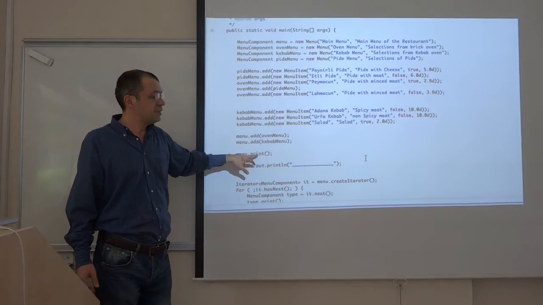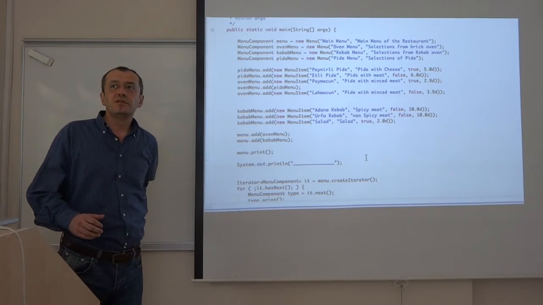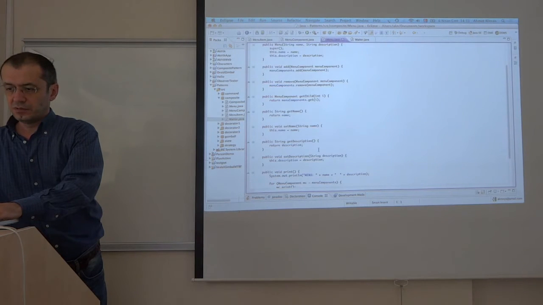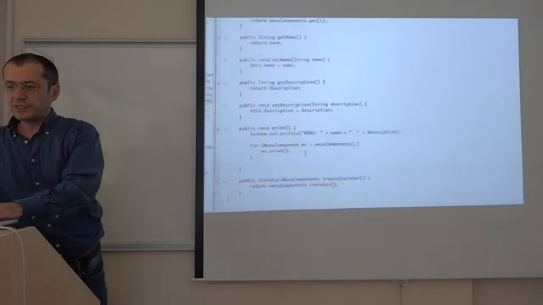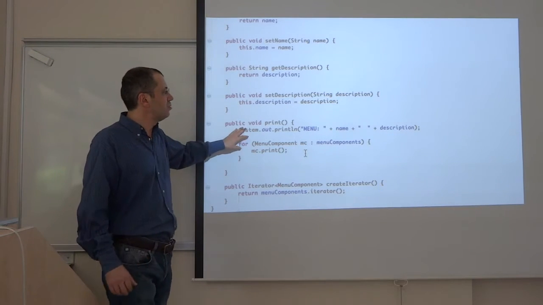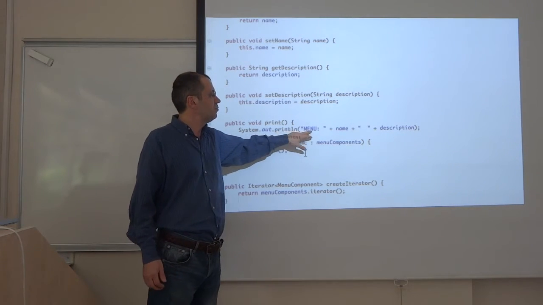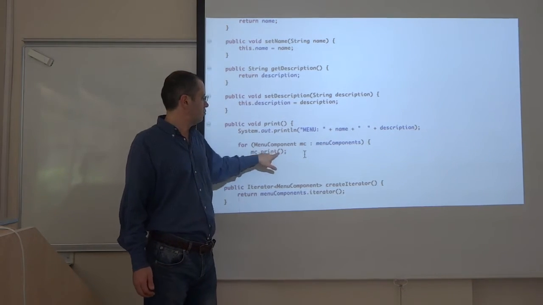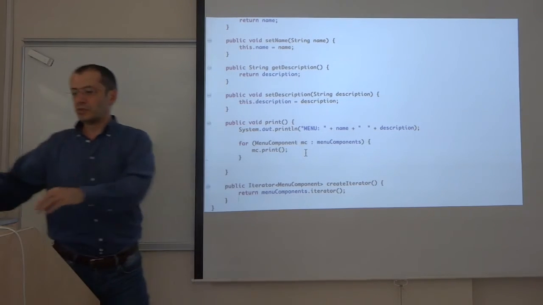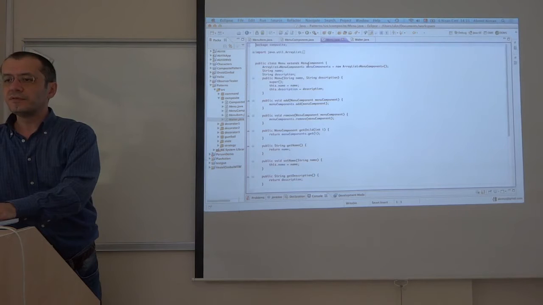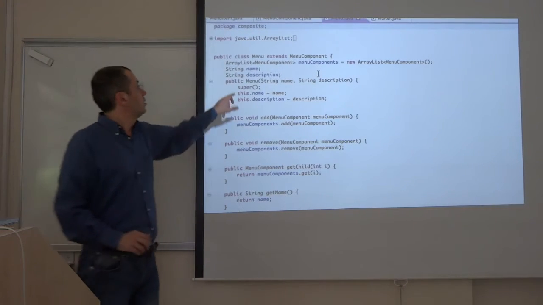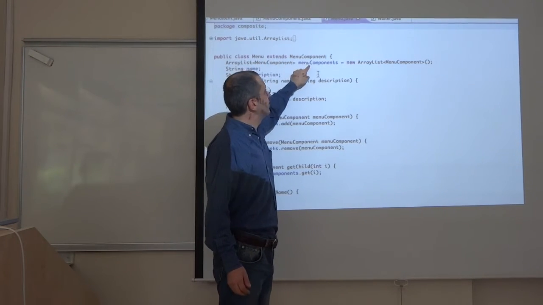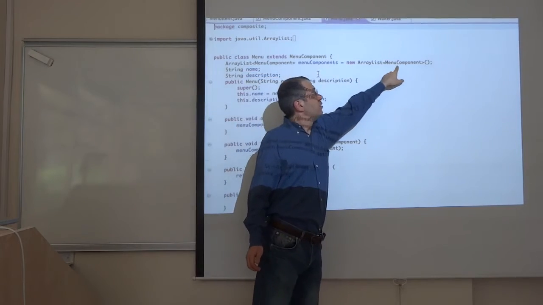And then when I wanted to print it, I didn't show you the print. If it's a menu, then how I print it, I print the menu name and description, and then I'm printing all of its components, because menu has an array list of menu components.